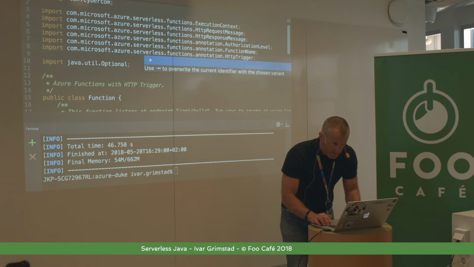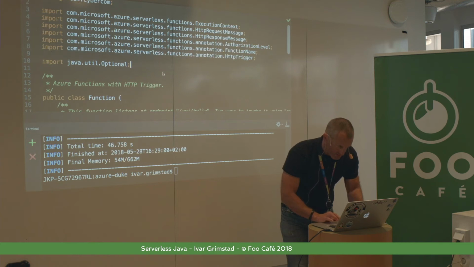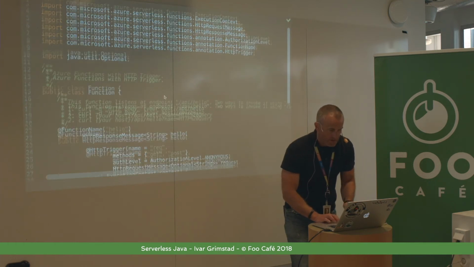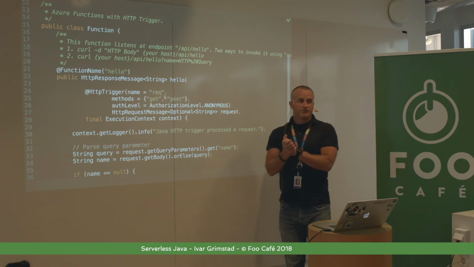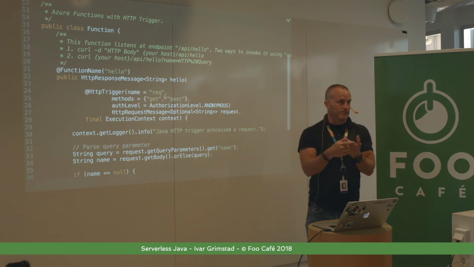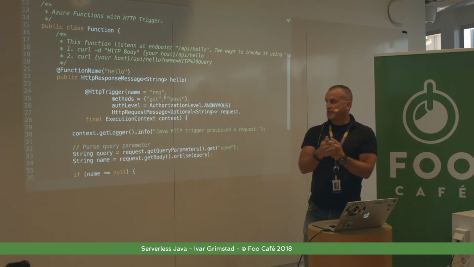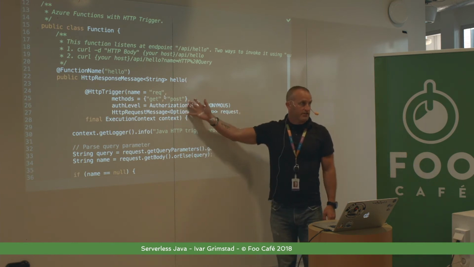My IDE has blown up. So there are other triggers you can code in, for example, a timer. So you want it to trigger with every interval or something. Or you can trigger it to some kind of Azure events.